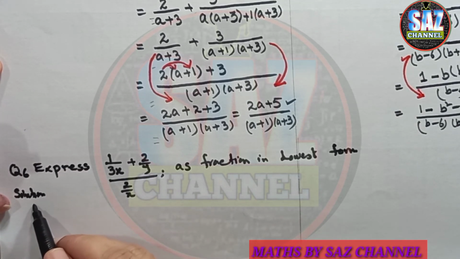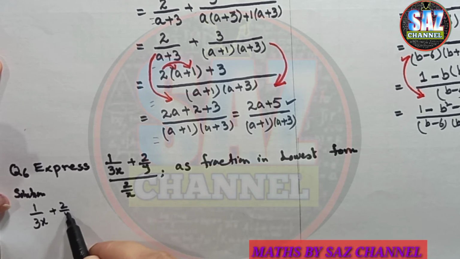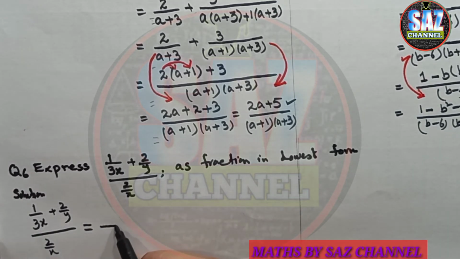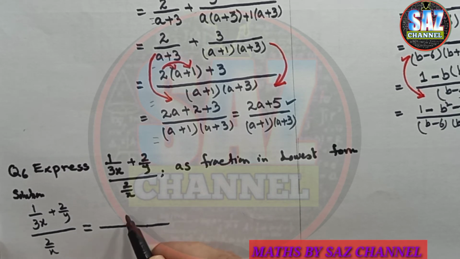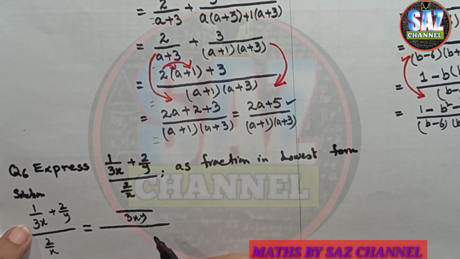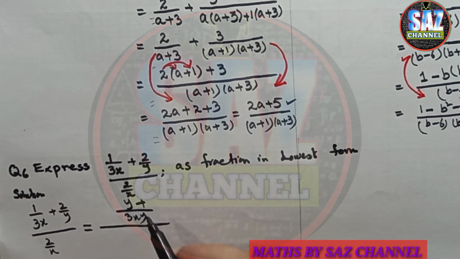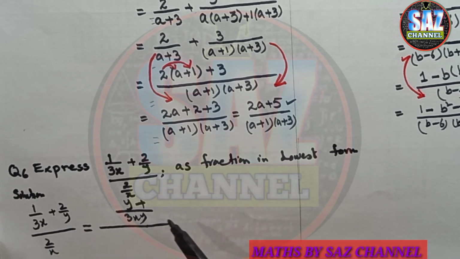So the question will take the form 1 over 3x plus 2 over y upon 2 over x equals, first take the LCM in the numerator, and the LCM of the numerator is 3xy. The first denominator is 3x. It has the deficiency of y. The second denominator is y. It has the deficiency of 3x.